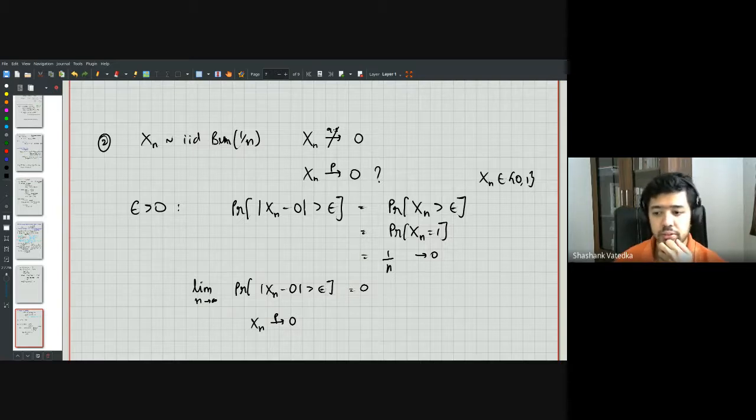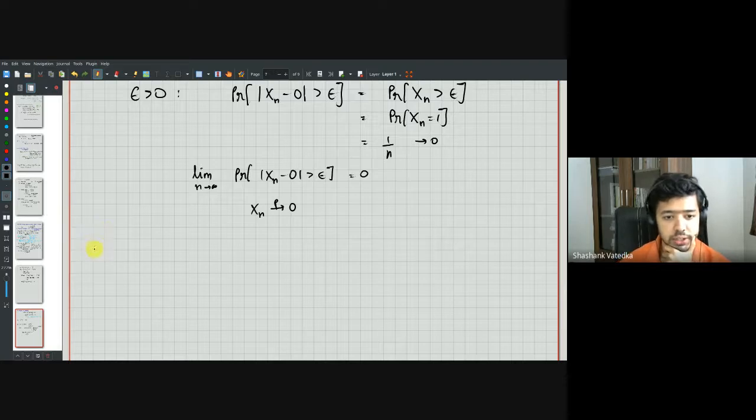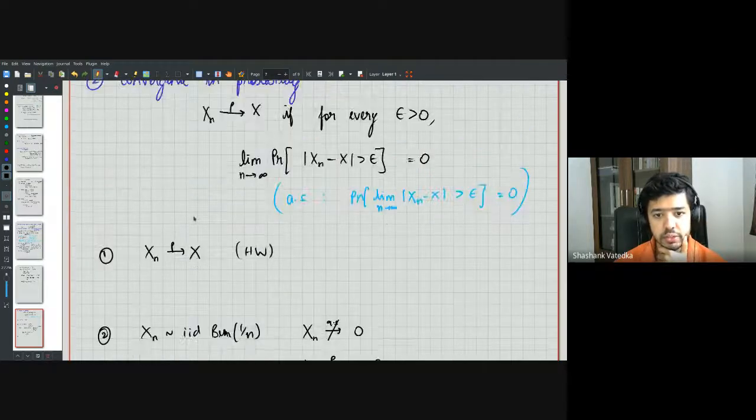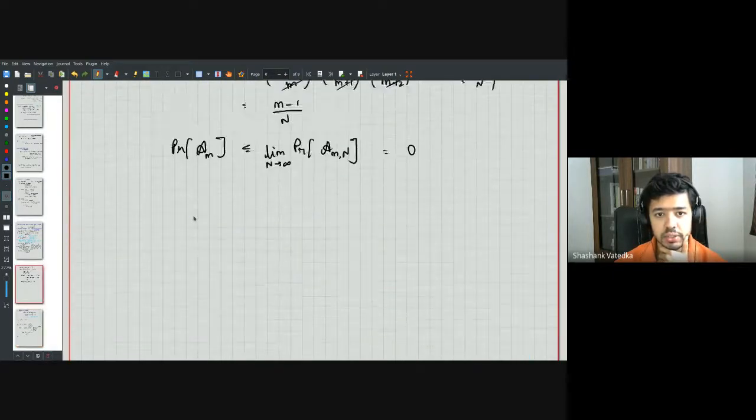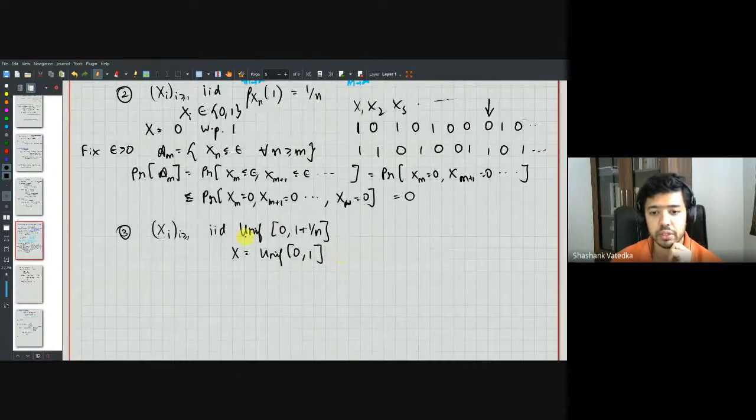All right? So similarly, try to work out the third example. What happens if each Xn is IID but uniformly distributed in 0 to 1 plus 1 over n?